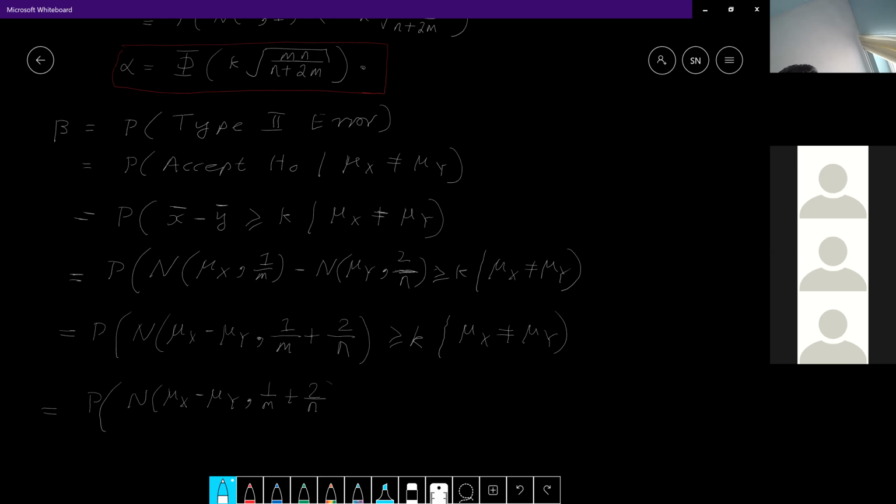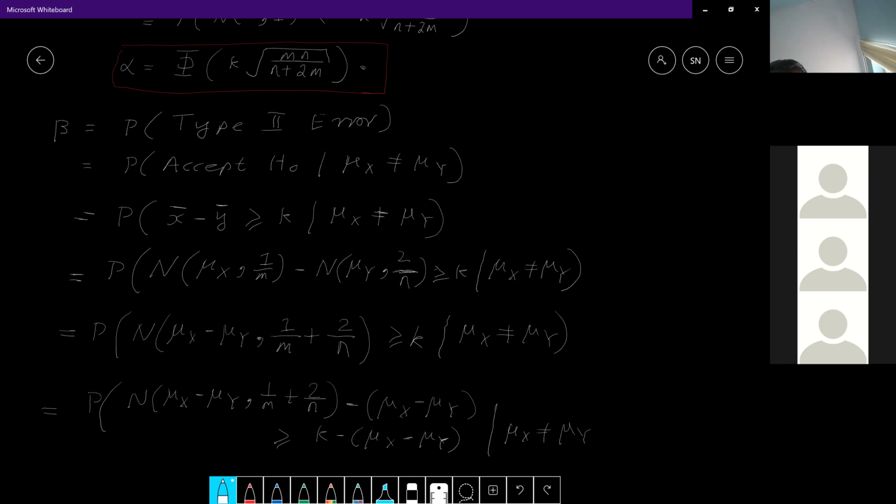So I'm going to first subtract the mean, which is mu x minus mu y, on both sides, given mu x is not equal to mu y.